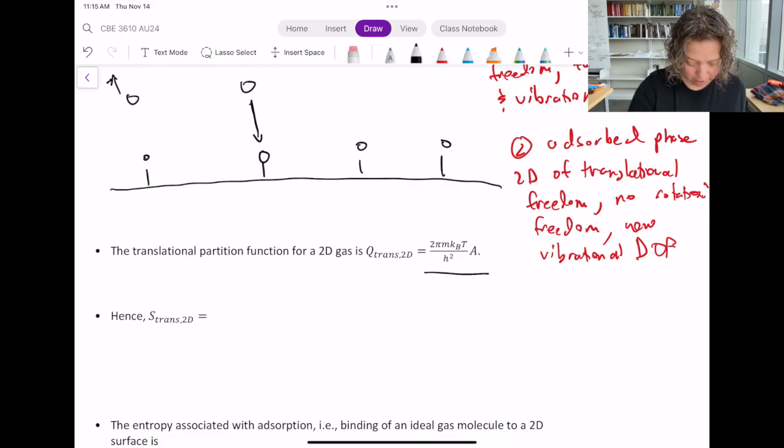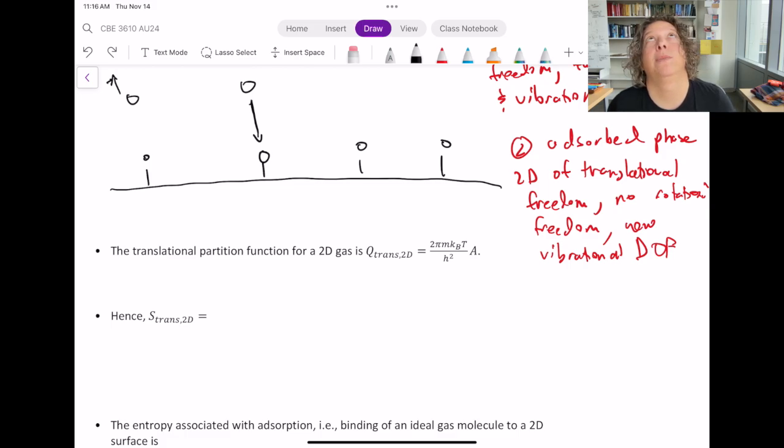You'll see it's quite close to that for a 3-dimensional gas, but it's to the first power instead of the 3/2, and then also it's multiplied by area instead of volume, and we get there through all of the same steps as we took to get to the 3D gas. So this would be the translational partition function for an ideal gas atom that is adsorbed to a square featureless surface.